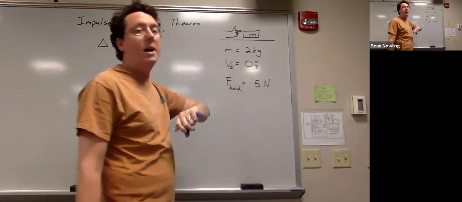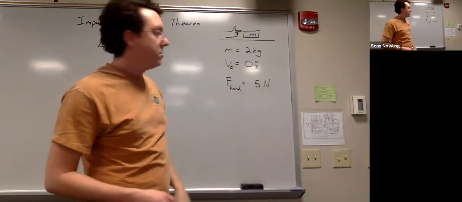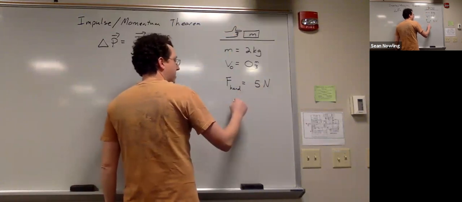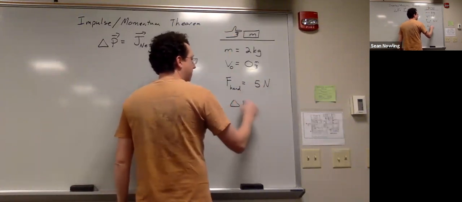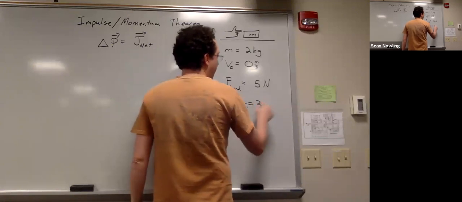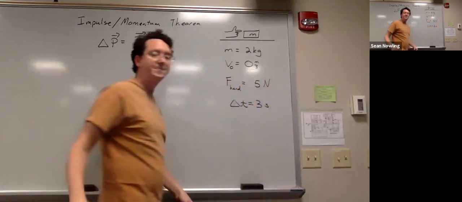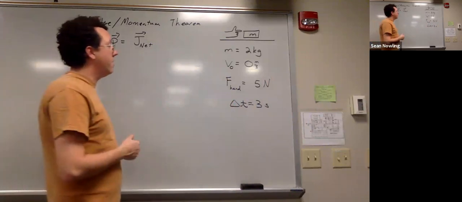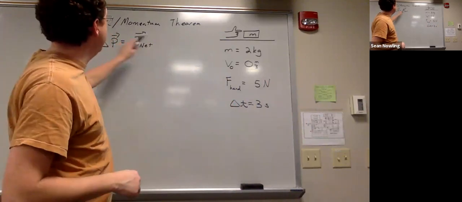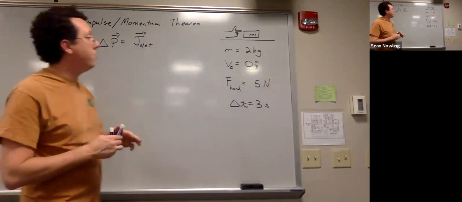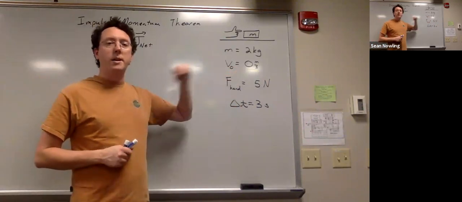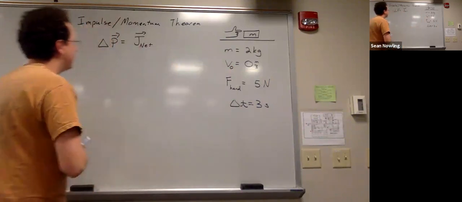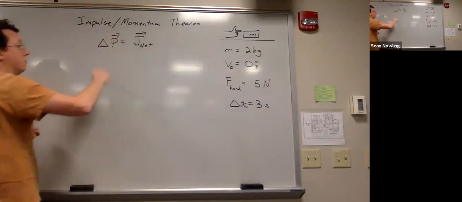Let's first just imagine that we know the time interval. So let's say we apply a force over a time interval of 3 seconds. And then let's use the impulse momentum theorem to calculate the final velocity of the block.